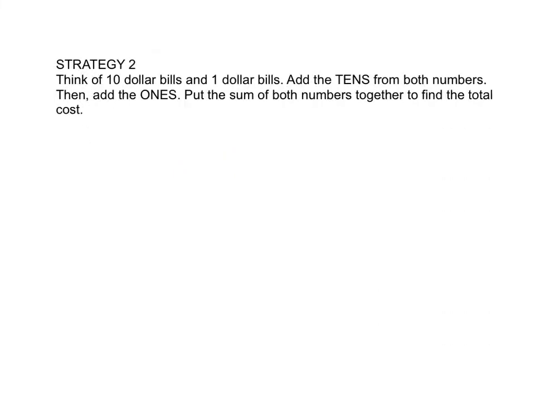Strategy 2 for adding 46 plus 29. Think of $10 bills and $1 bills. Add the tens from both numbers.